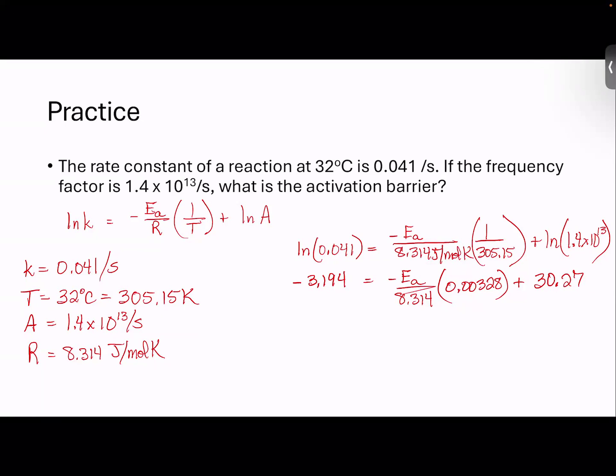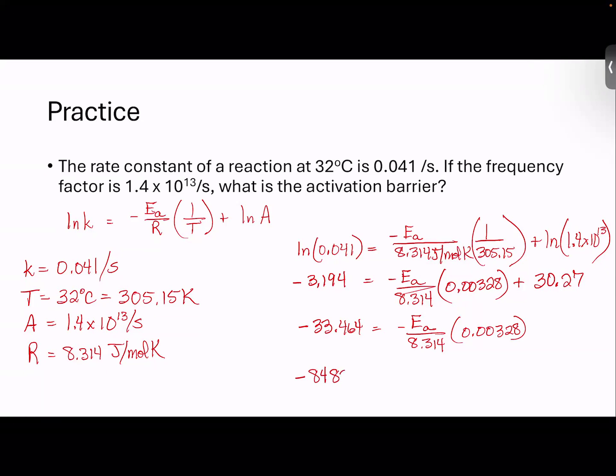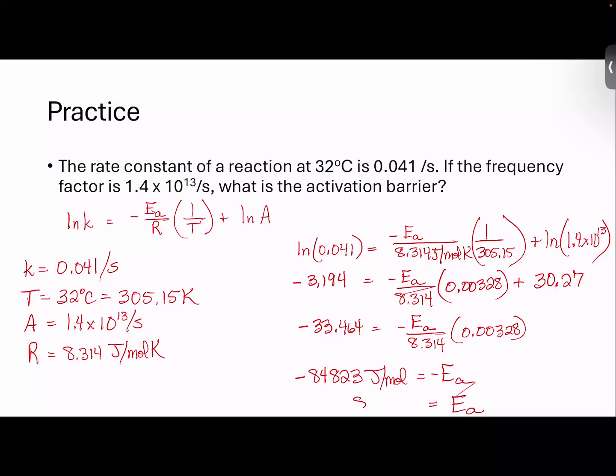Rearranging this equation and solving, you get a negative 84,823 joules per mole is equal to a negative E sub A. So our E sub A is equal to 84.8 joules per mole.